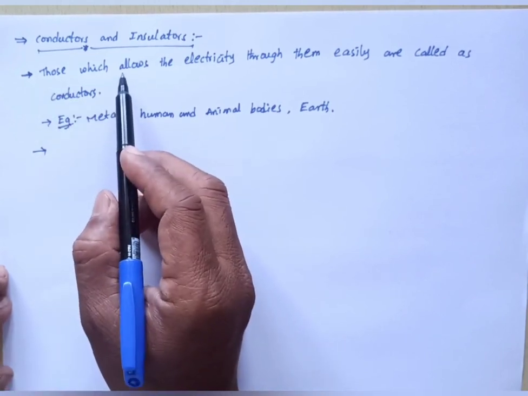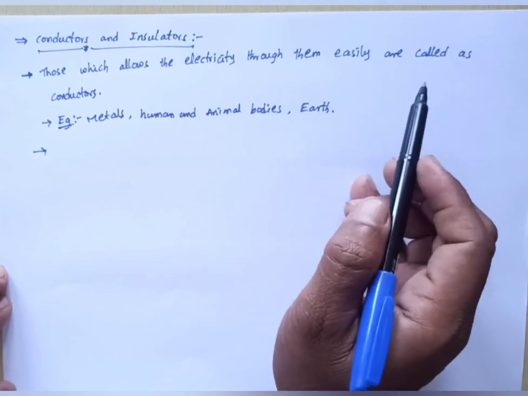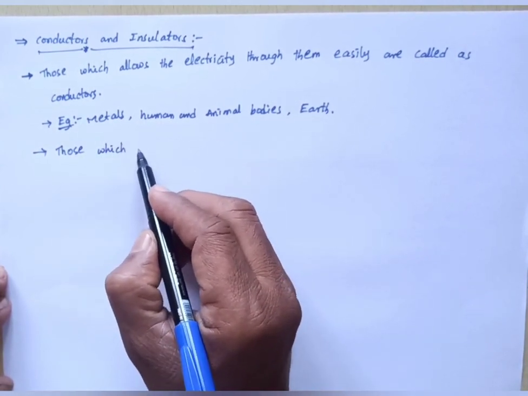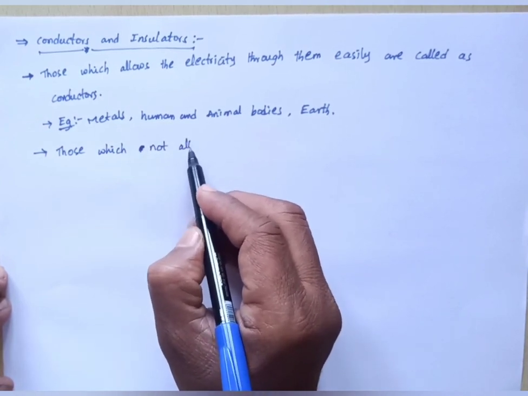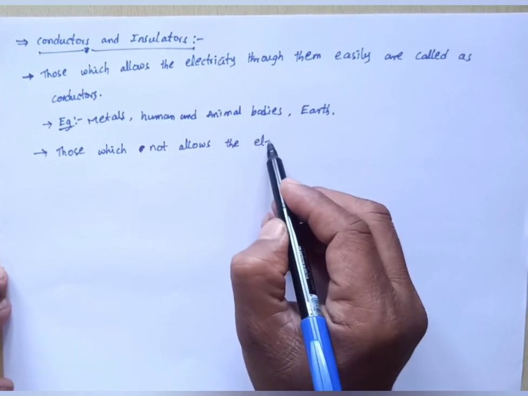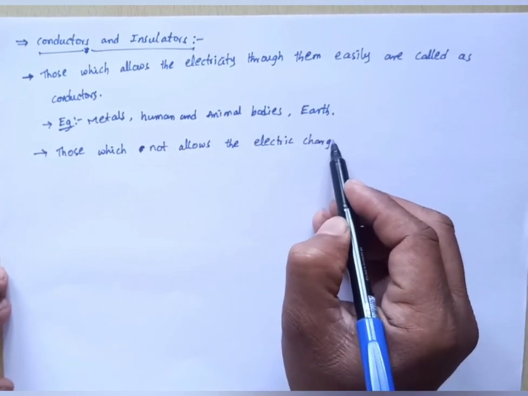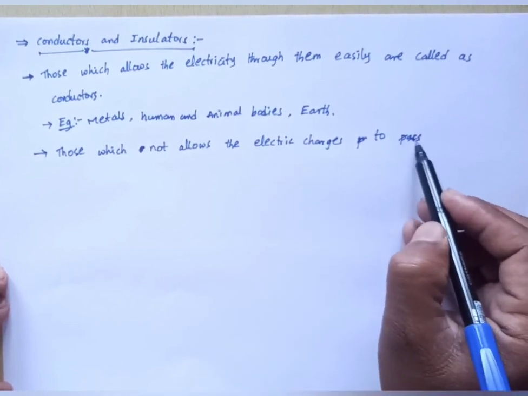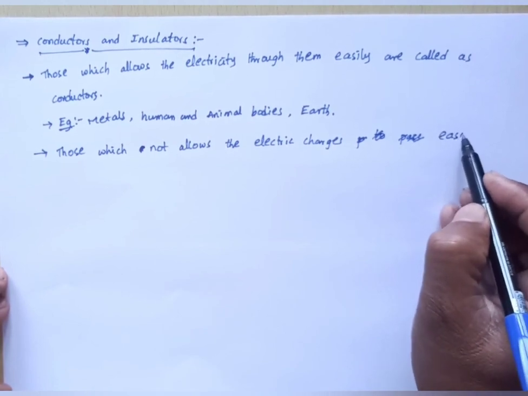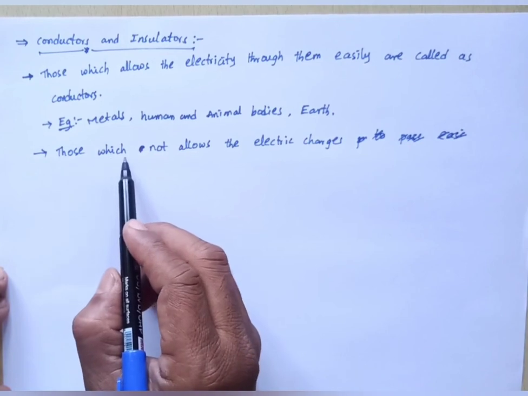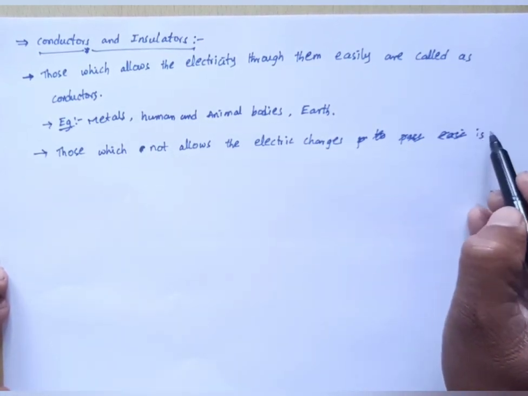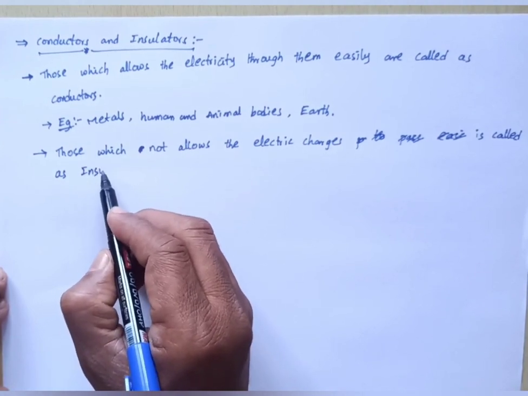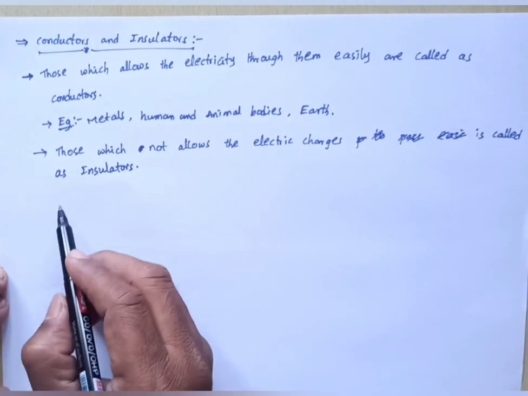Most of the non-metals are insulators. So what are insulators? Insulators are those which do not allow electric charges to pass through them easily.